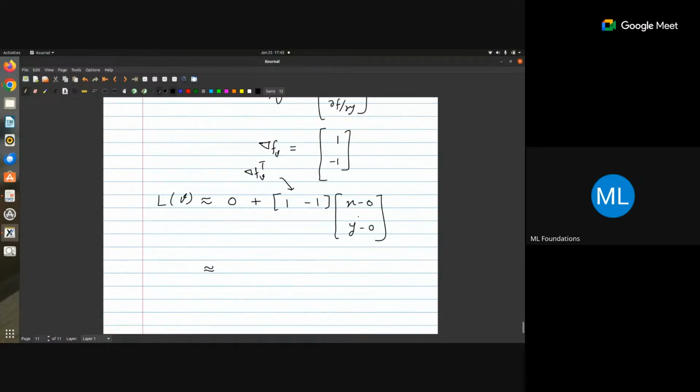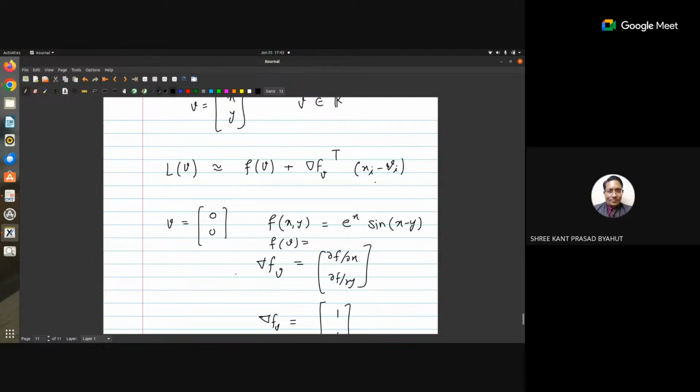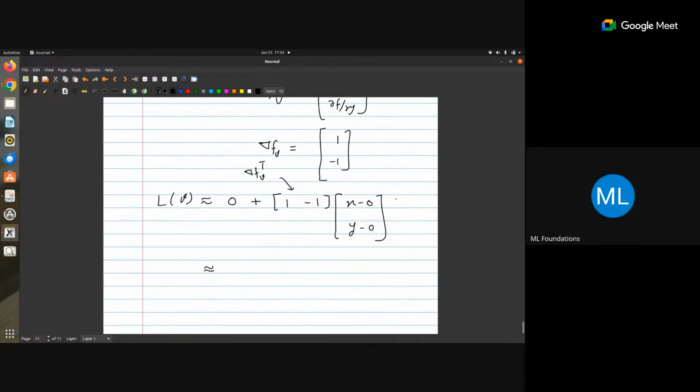The formula is x i minus v i, basically the x component and the y component. Then you can solve it. The first term is 0 because it's a scalar, and this multiplication should also be a scalar quantity.